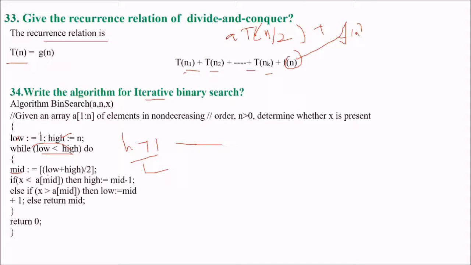Now x will be checked against a[mid]. The mid value will come from here, and a is this array. So the array subscript will be mid, and a[mid] will correspond to that mid value.